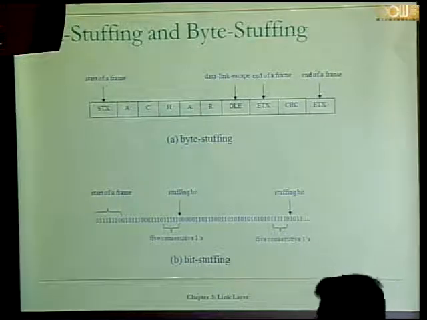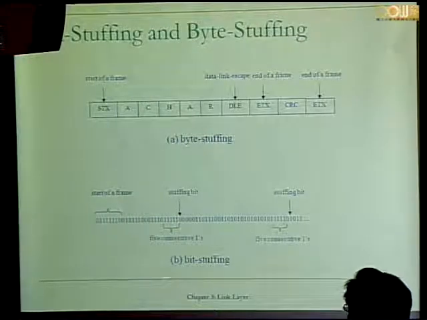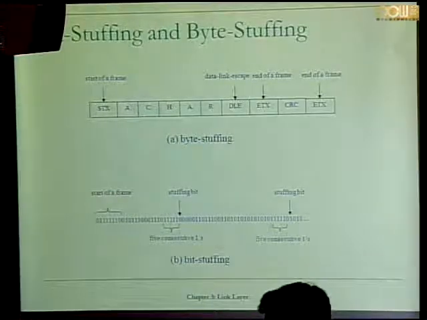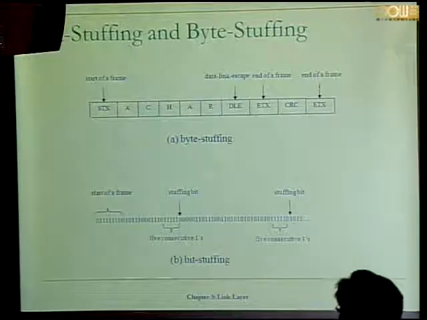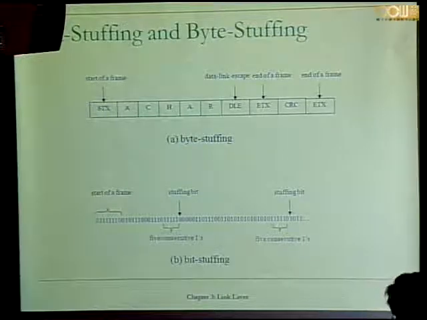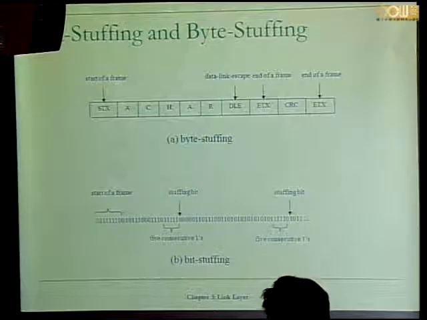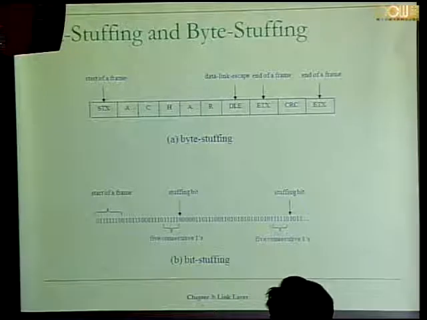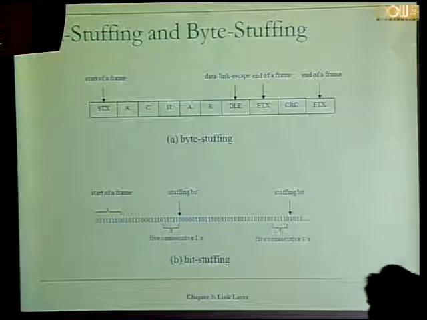At the receiver, within the payload, if the receiver sees a DLE, it knows that this DLE, because it would not be used by any data characters, shouldn't happen in the data, so it removes the DLE to recover the original pattern.